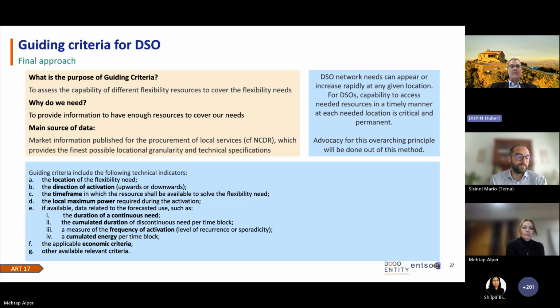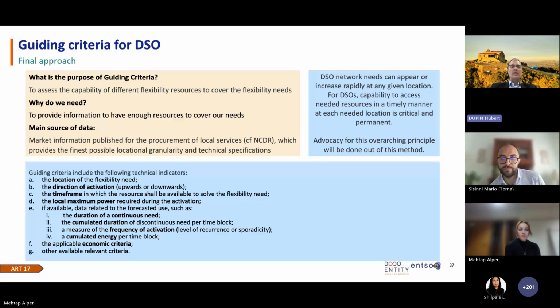The finest source of data in terms of location and time and duration and all kinds of attributes you can think of is the market information we will provide when procuring services. So the main source of data for guiding criteria, which is technology neutral, which gives the best location of resources, because at some point a market participant needs to site their resources, is the market information.